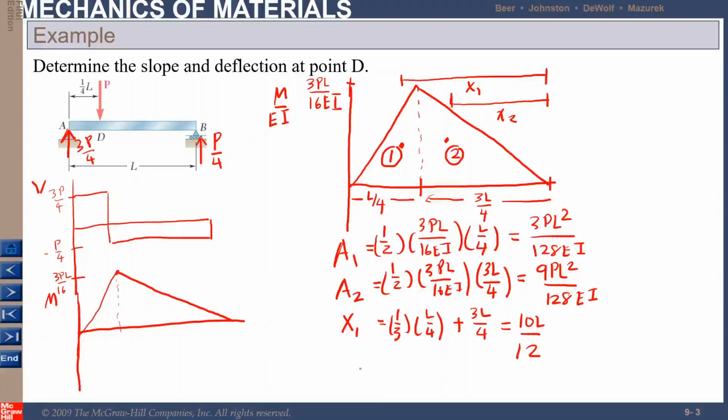And for x2, we need 3L over 4 times 2 over 3, which is just 6L over 12. So this will be L over 2.